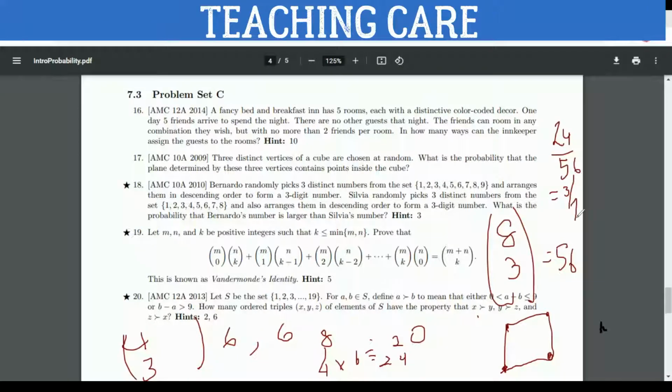This is the probability of what we don't want. Read the question: what is the probability that the plane determined by these 3 vertices contains points?